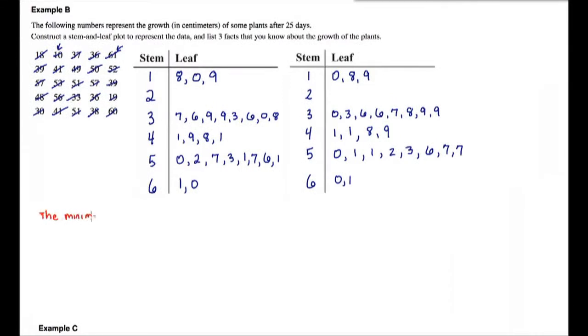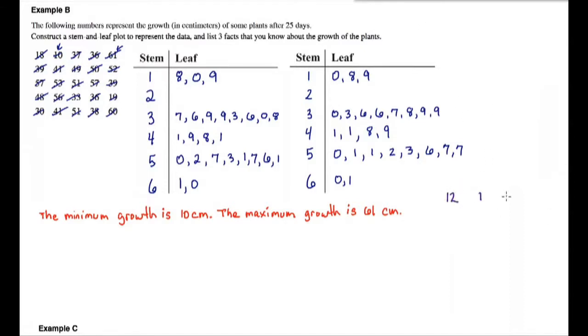So the minimum growth for this plant size here we can see is 10 centimeters, and the maximum growth is 61 centimeters. You can see that right there on the chart on the right.